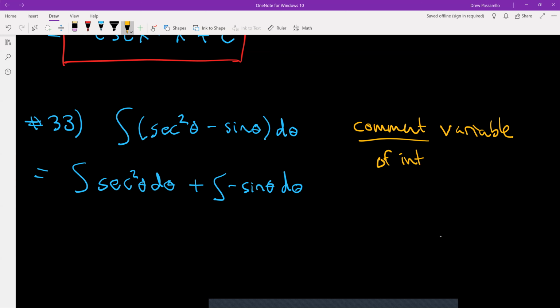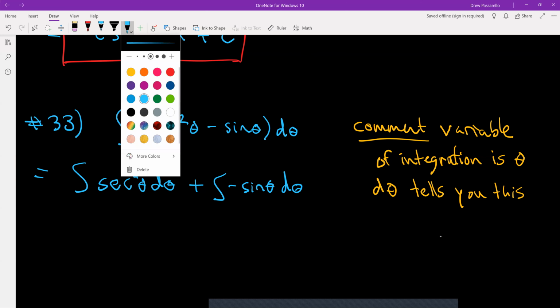Every other example I've done up to this point, I believe it's always been x. All right, and you'll note the d theta tells you this. So we're integrating with respect to theta.